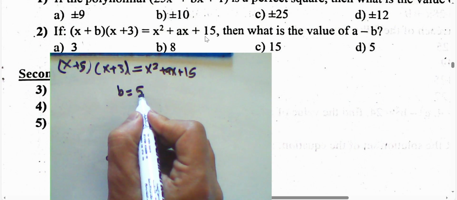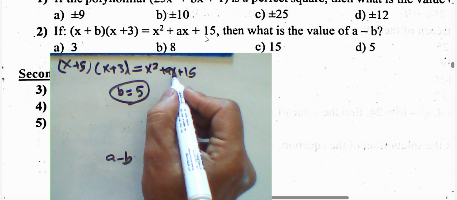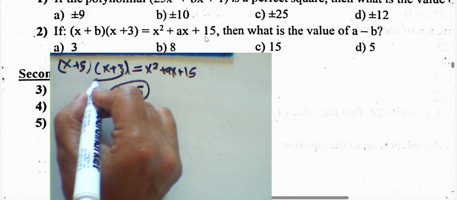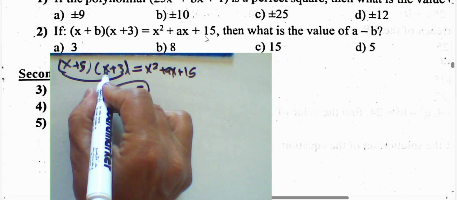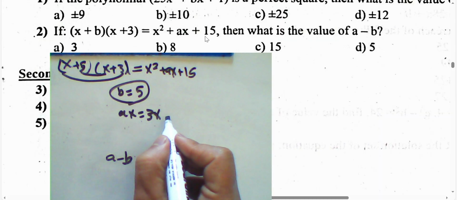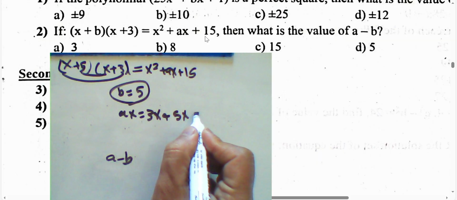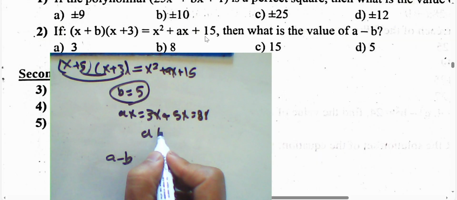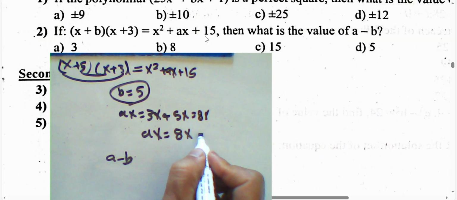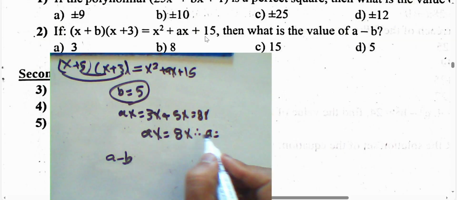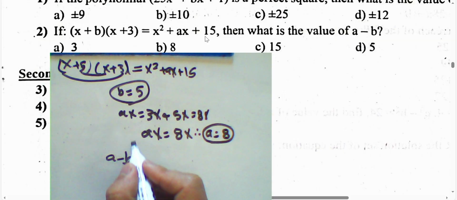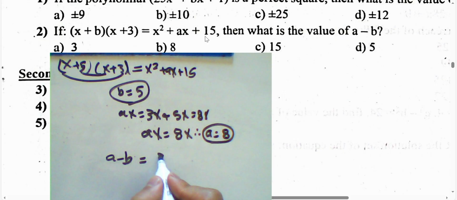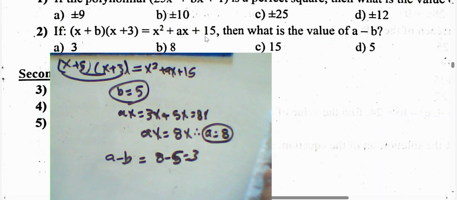The value of b equals 5. And ax equals the sum of the product of extremes and product of means, 8x. Then the value of a equals 8. And we have b equals 5. Then a minus b, 8 minus 5, equals 3.